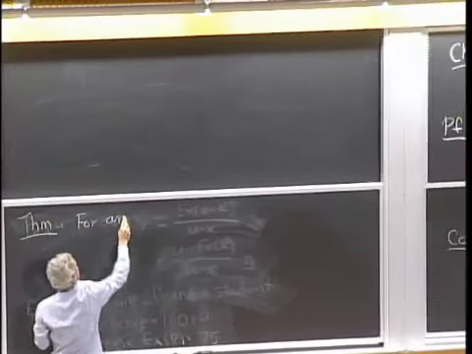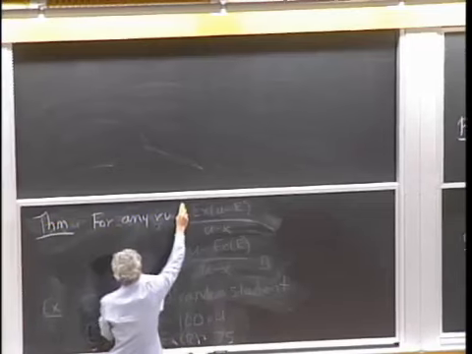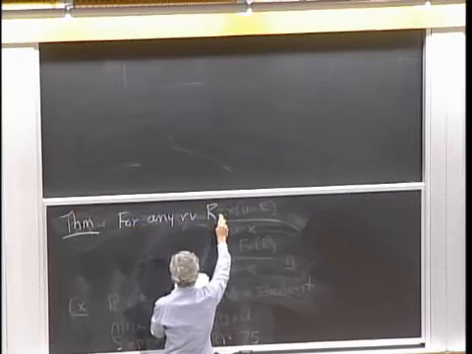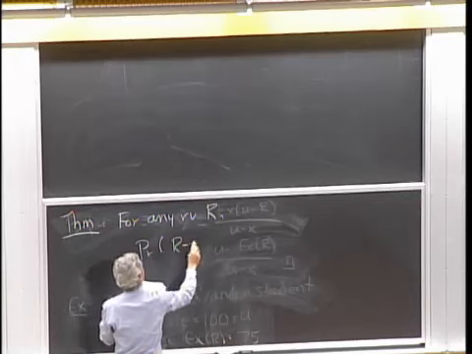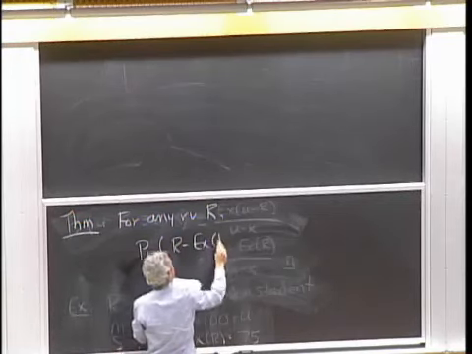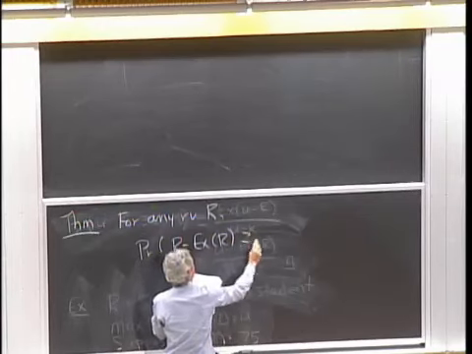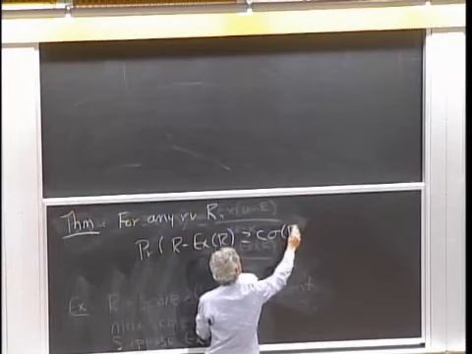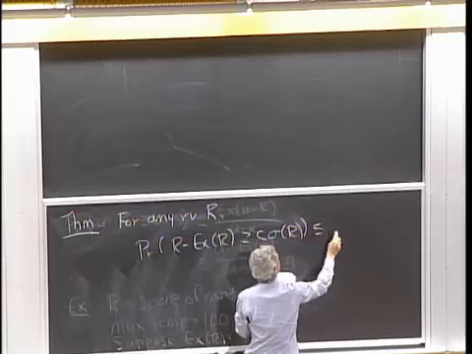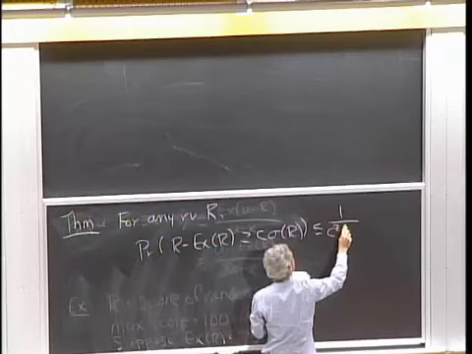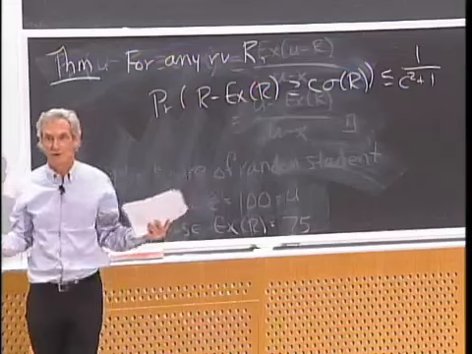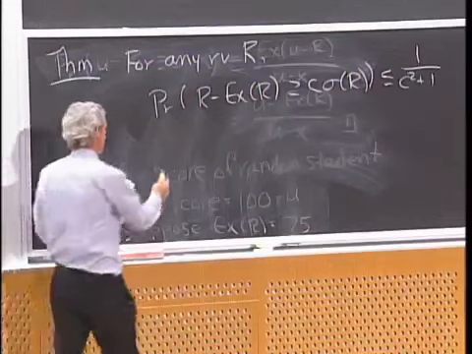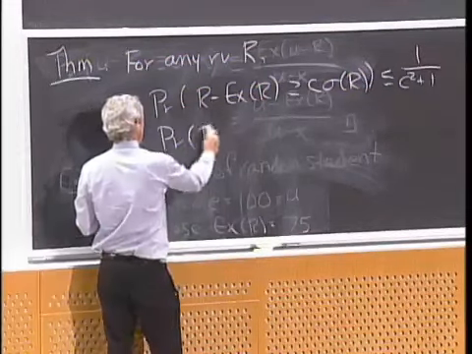For any random variable R, the probability that R is on the high side by c standard deviations is at most 1 over c squared plus 1. So it's not 1 over 2c squared, it's 1 over c squared plus 1. And the same thing for the probability of being on the low side.